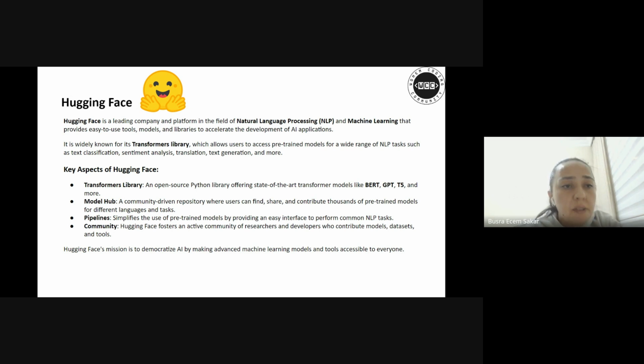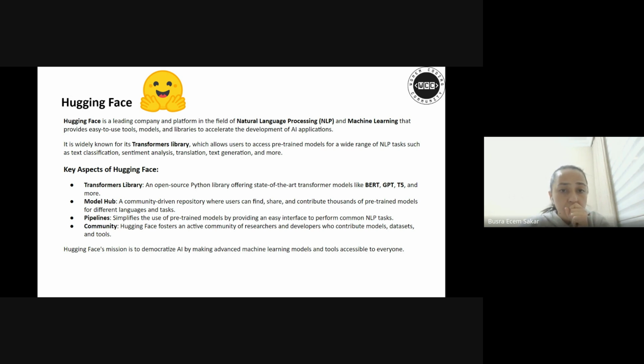And the Model Hub. Hugging Face provides a community-driven repository where users can find thousands of pre-trained models for different languages and tasks. And it's a place where users can not only download the models but also share and contribute their own models to the community.